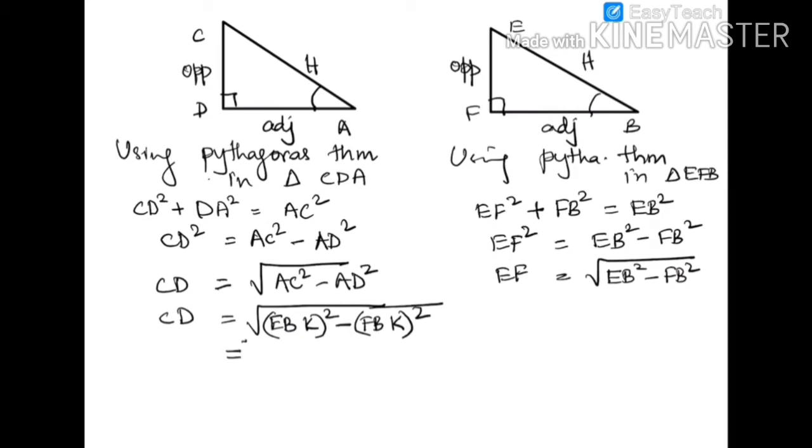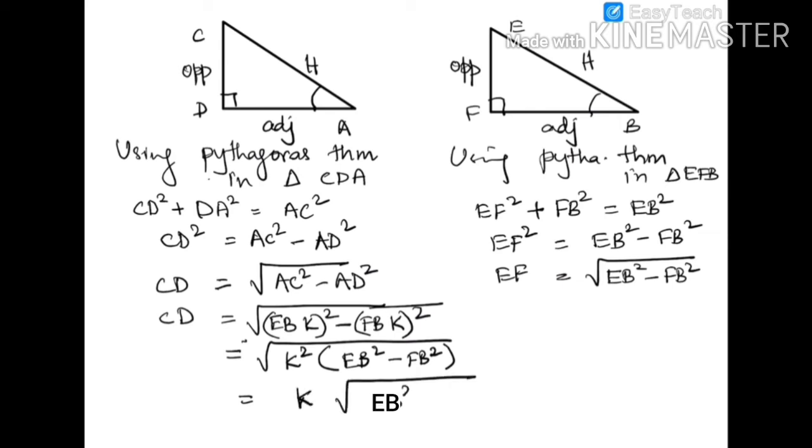So this is equal to, let's take K square common. So in the bracket we get EB square minus FB square, which is same as K times root of EB square minus FB square.